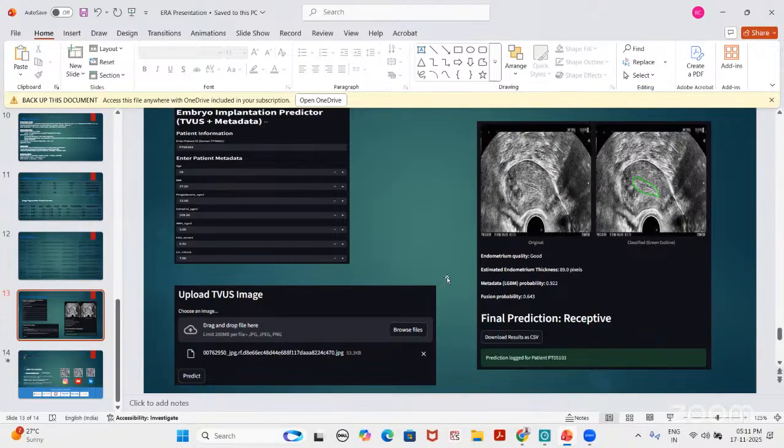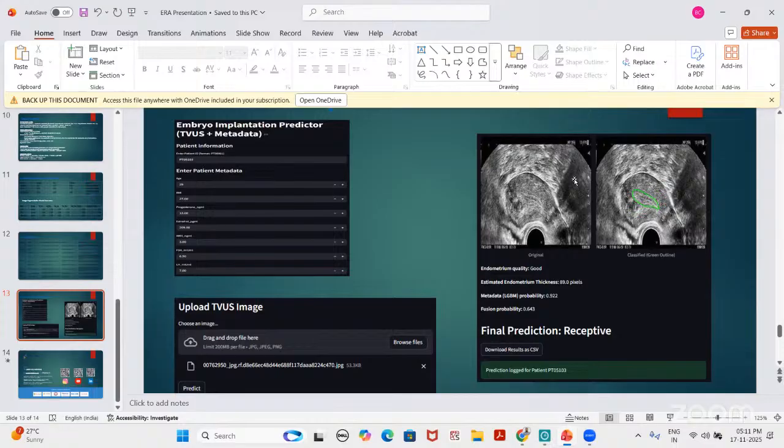Once we upload the image, this is the original image, and this is our classified image. The green line that you are seeing here is the important part of the endometrium. Based on that, it shows the quality of the endometrium, which is good, and the endometrium thickness, as you can see on the screen, along with the metadata, probability, and the patient log.